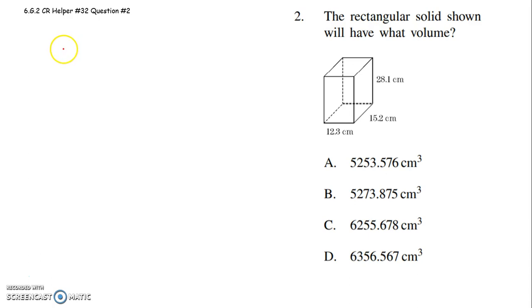It says the rectangular solid shown will have what volume? Well, for a rectangular solid, volume equals length times width times height.